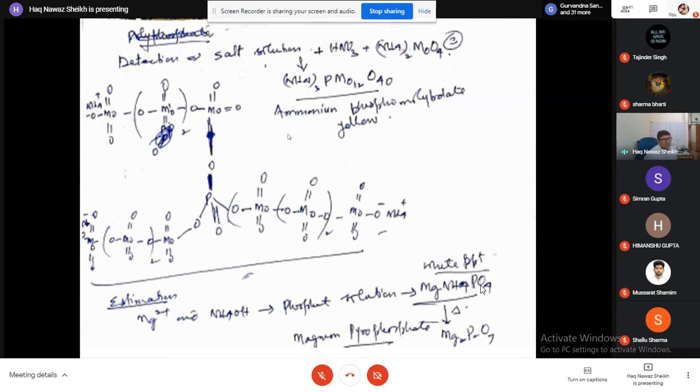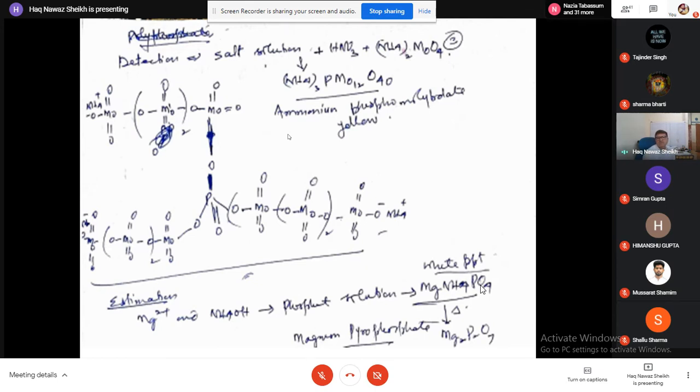So what we do, we prepare a solution of the sample. Say your sample is a soil sample, agriculture. You want to find out how much phosphate is there in your land where you are cultivating some crop. You take this soil sample, first dissolve it using different treatments and make a solution of it, and then add magnesium chloride and then ammonium hydroxide.